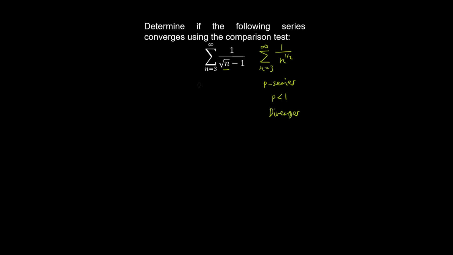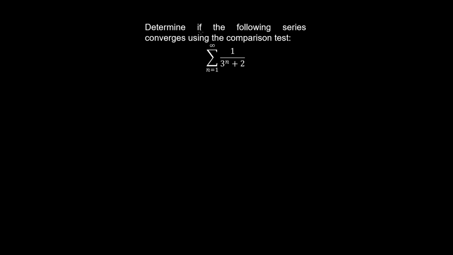And therefore, by comparison, we can see that the terms in the first series are going to be greater than those terms in that second series for all n, because we're subtracting 1 in the denominator. So therefore, because of this condition, and because this series diverges, then this series also diverges by comparison.